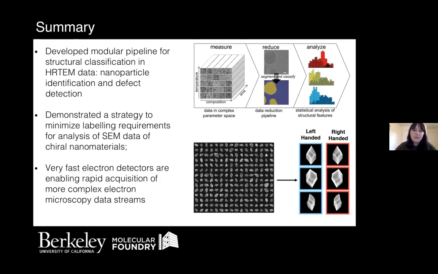Be those measurements made from automated imaging protocols that can create large libraries of nanoparticle imaging data that correspond to combinatorial synthesis efforts, or to utilize next generation electron detectors and to really have complex electron microscopy data streams like typographic reconstruction become almost instantaneous, and also to immediately reduce for experimental assessment data sets that are initially enormous.